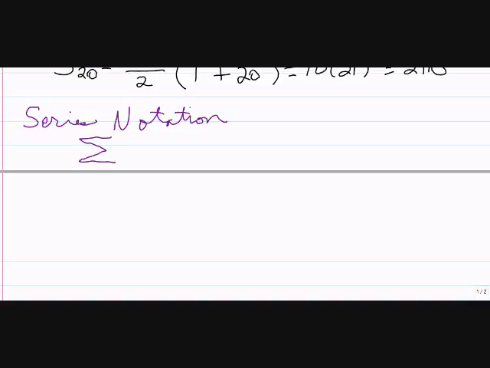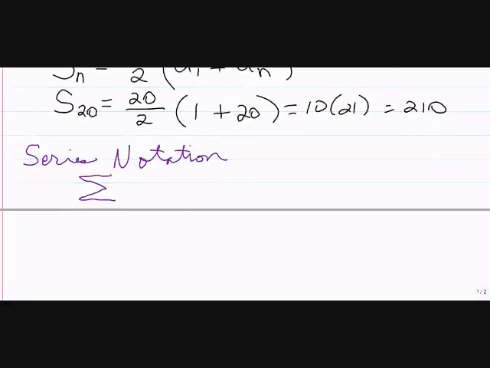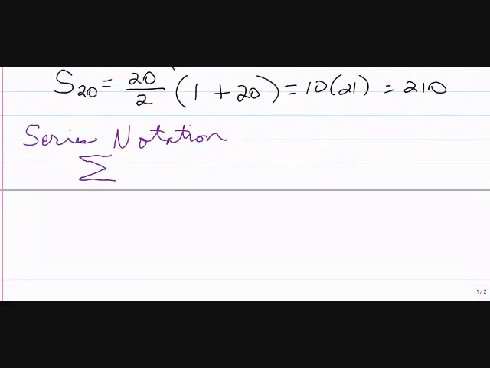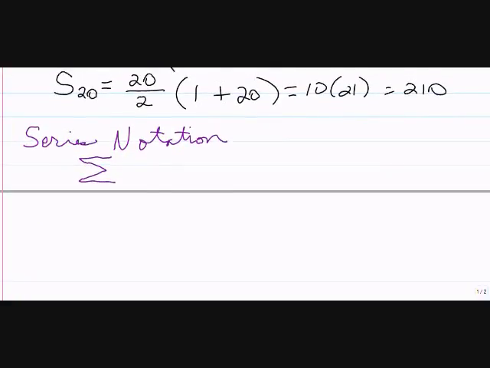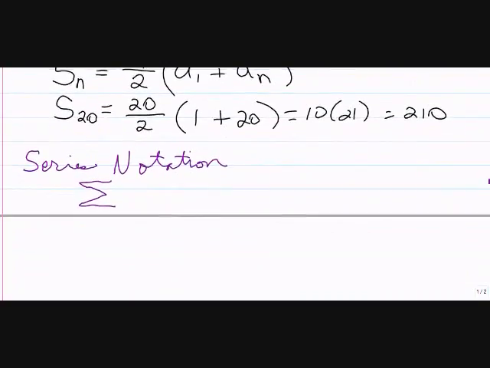So if I want to say to add up some things, this capital sigma is often used in mathematics. And I want to start at the first number in my sequence, which was 1. So I say n equals 1. We were adding up to the 20th number in my sequence. So I'll say 20.